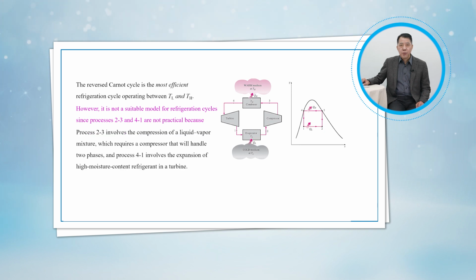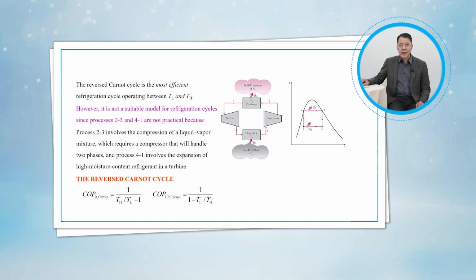Process 2 to 3 involves the compression of a liquid-vapor mixture, which requires a compressor that will handle two phases, and process 4 to 1 involves the expansion of high moisture content refrigerant in the turbine.